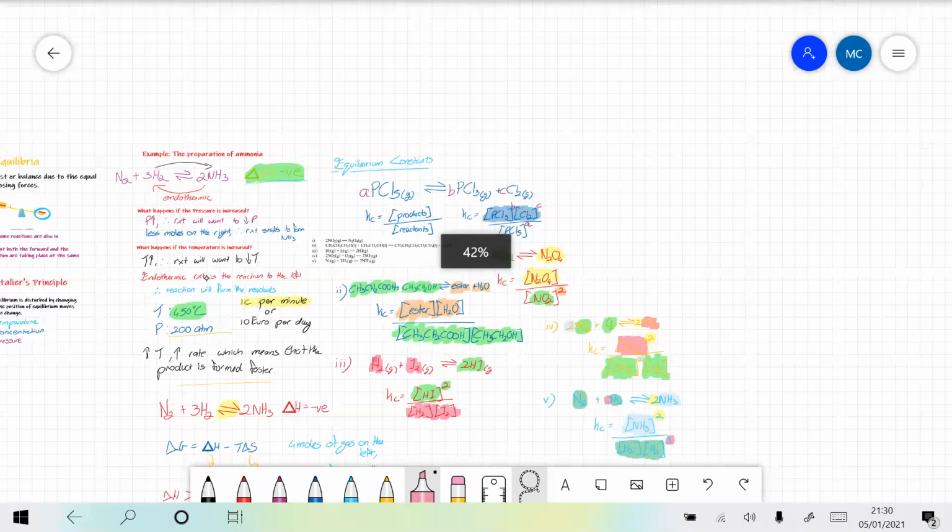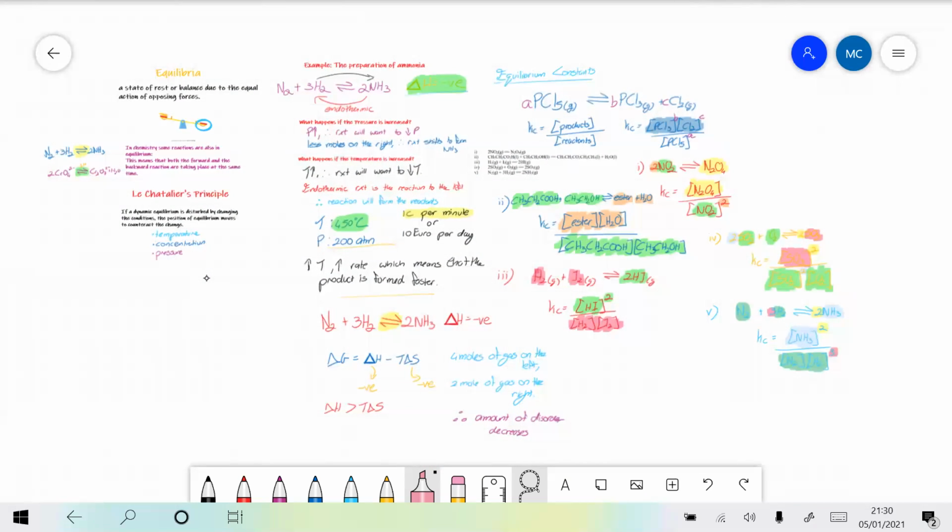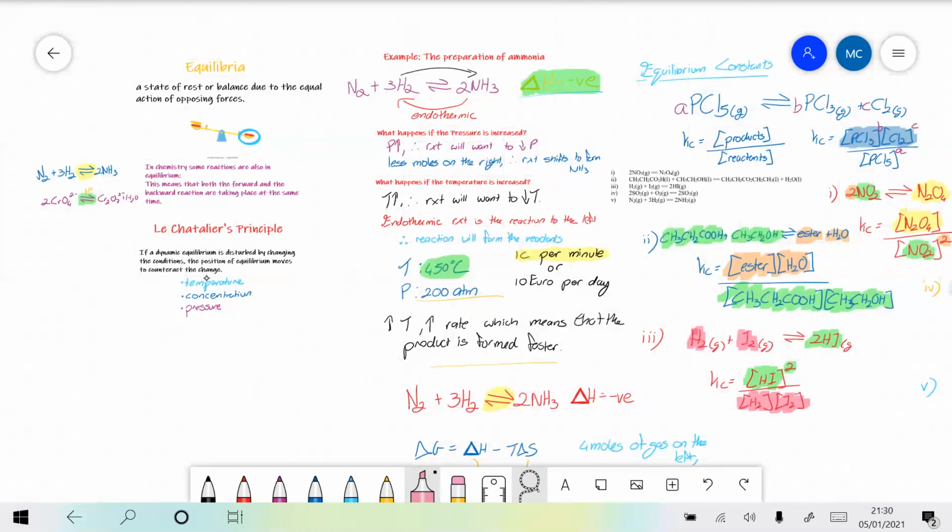So let's revise what we've done today. And if you want to work more examples, please go to the workbook, to the chapter of Equilibria, and work exercises 1 and 2. So first we started off with what an equilibrium is. Equilibrium is a state of rest or balance due to the equal action of opposing forces.